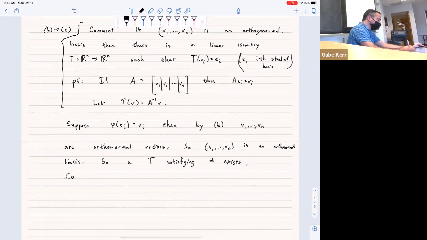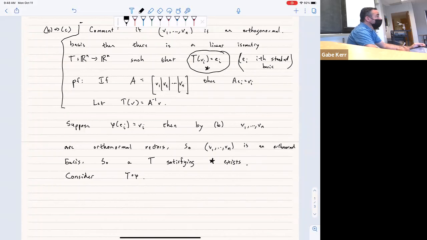Let's consider, sorry, I want to write star. Yep. So consider T composed with B. So this is an isometry.